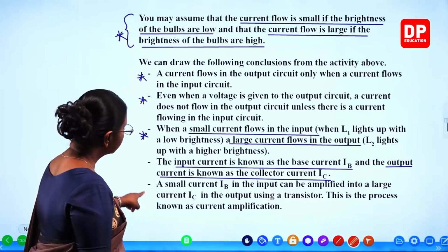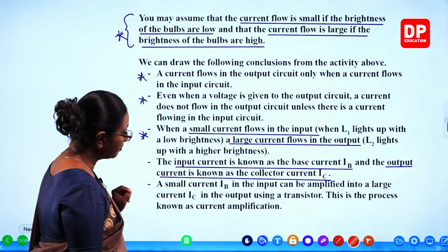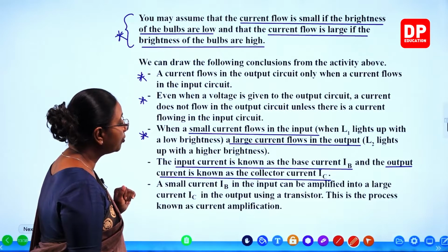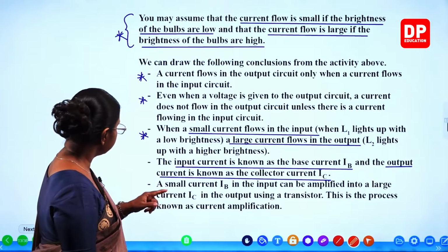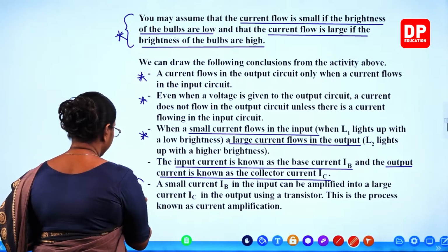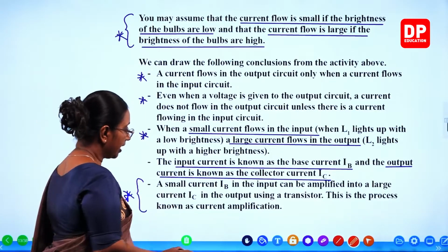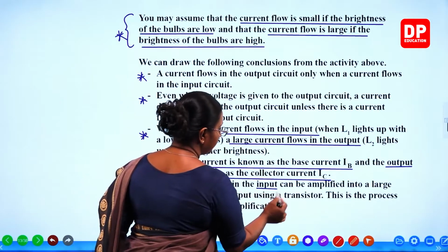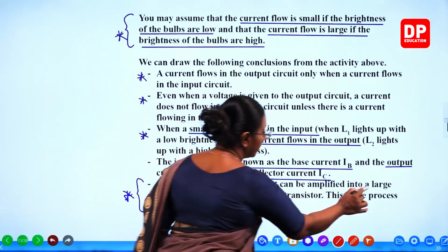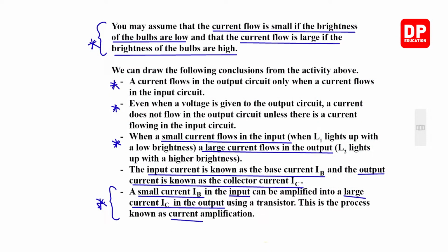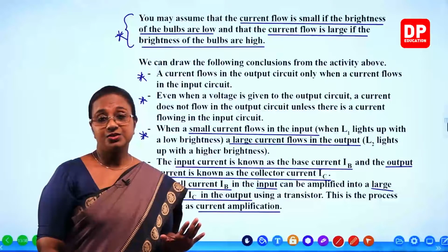So here, a small current IB in the input can be amplified into a large current IC in the output using a transistor. This is the process known as current amplification. This is important. Is that clear, students?